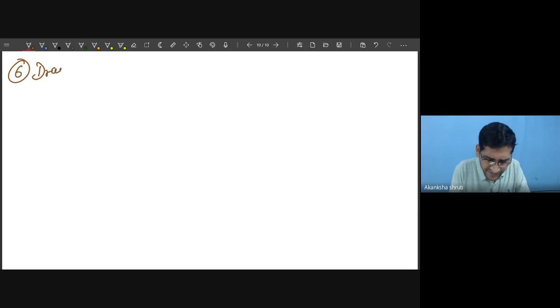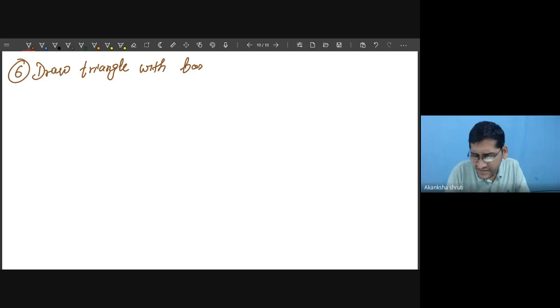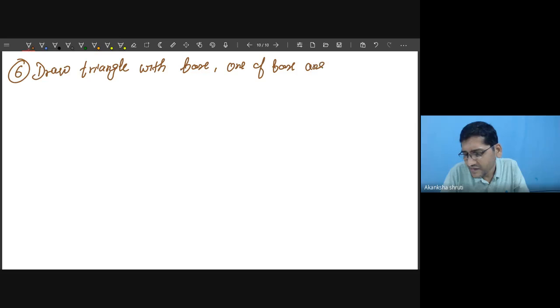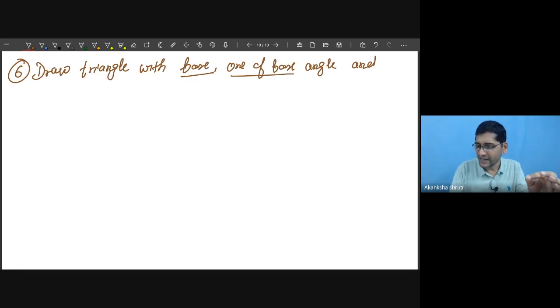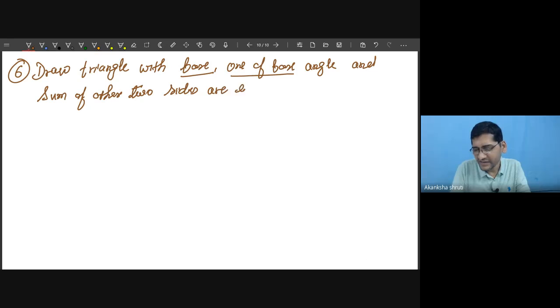So draw a triangle with base, where the base is given and only one of the base angles is given, rather than both. The base is given and the sum of the other two sides is given.